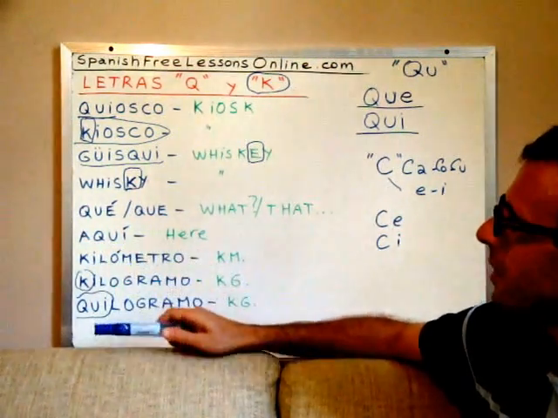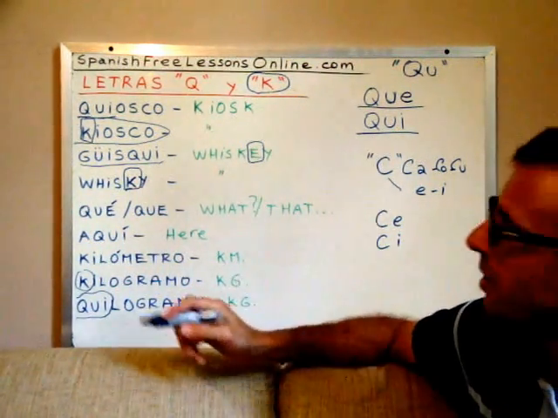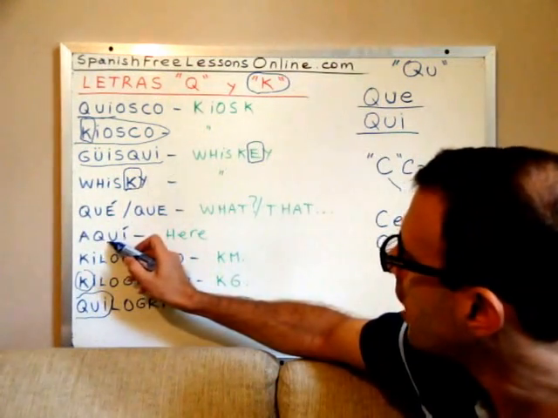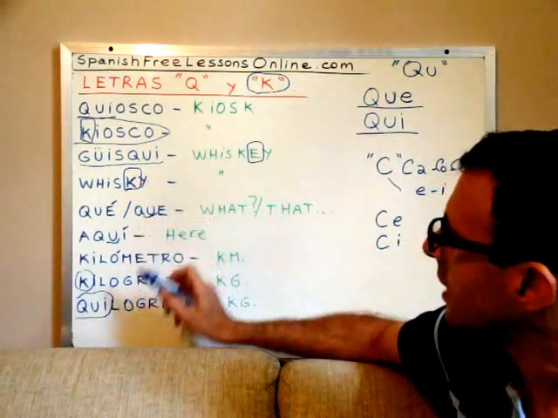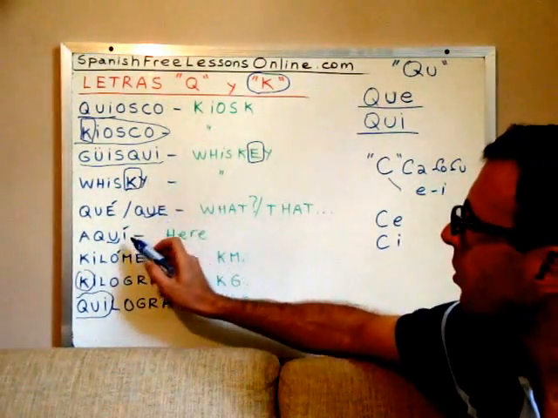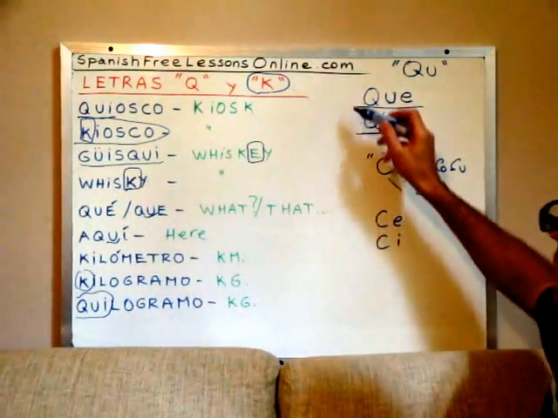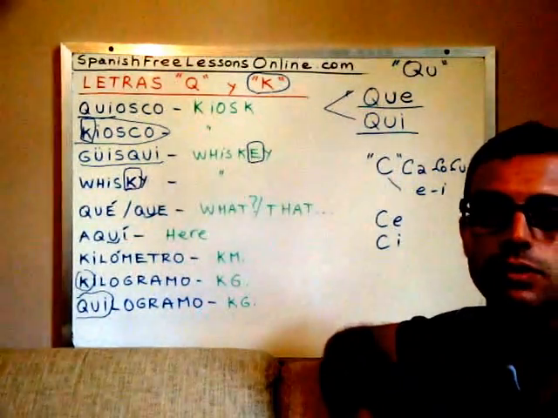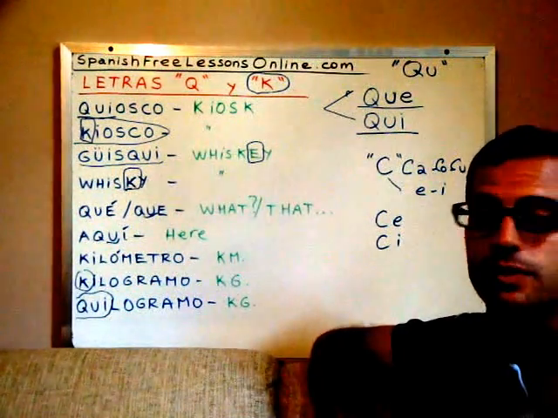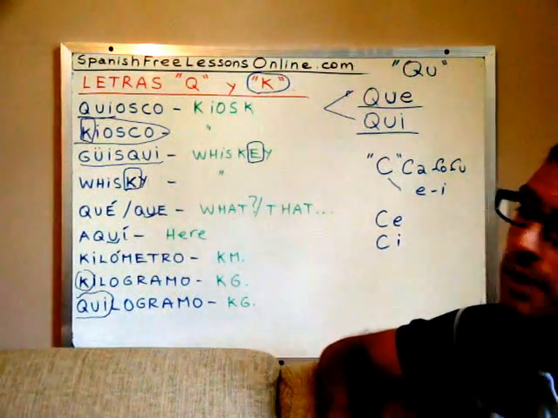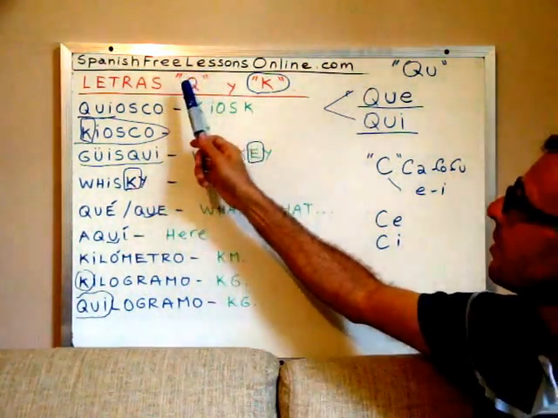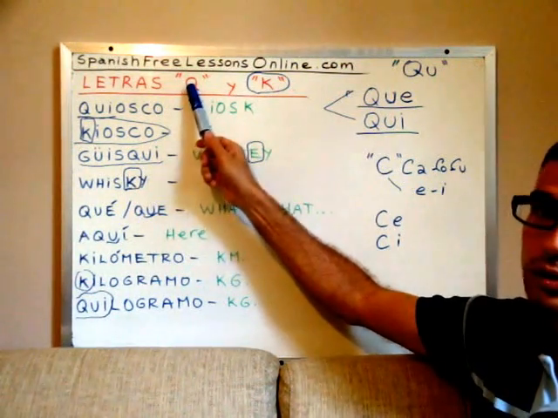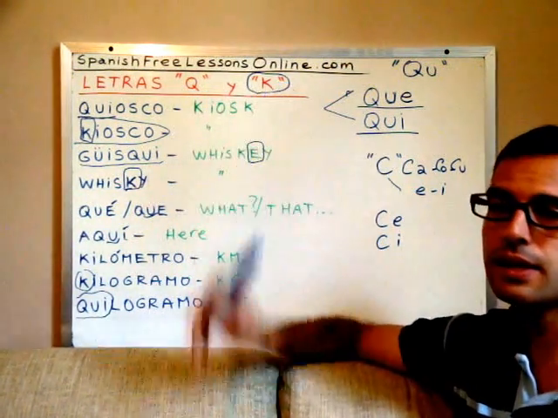Aquí. You can see that the letter Q is always followed by a U and later either by an E or an I. Those are the only two sounds that Q has in the Spanish language. Okay, so I hope that now it's clear how and when to use the Q and the K or the C, right?